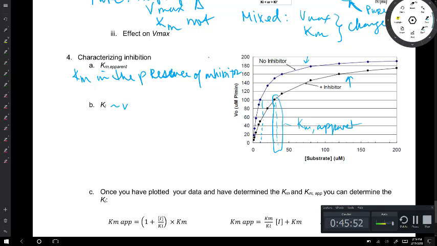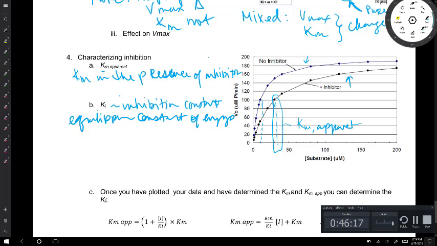I don't know if it's the formal name, but I like to think of it as the actual equilibrium constant of the enzyme for the inhibitor.